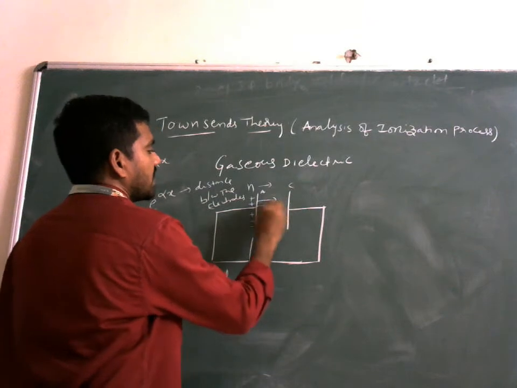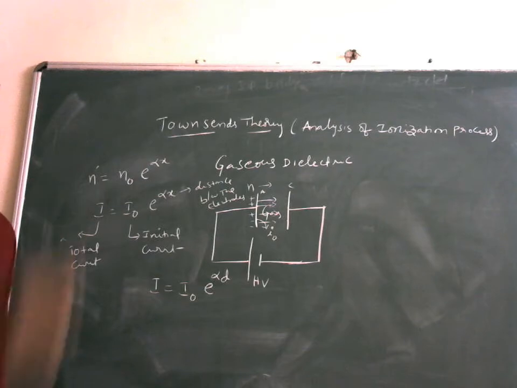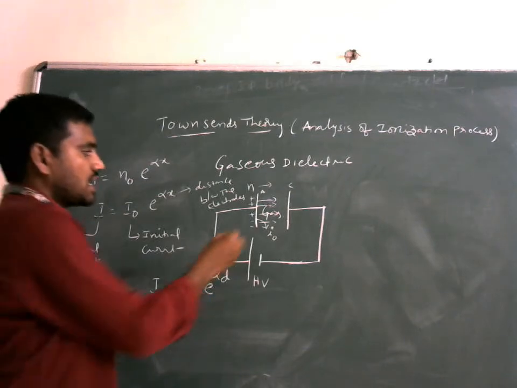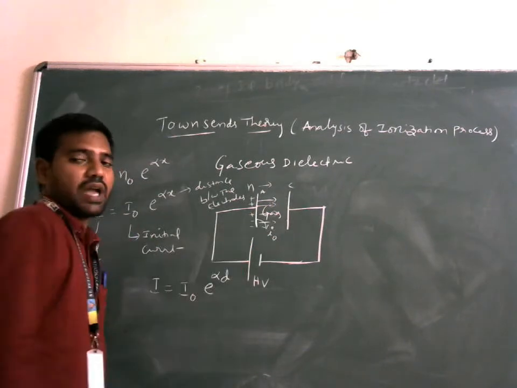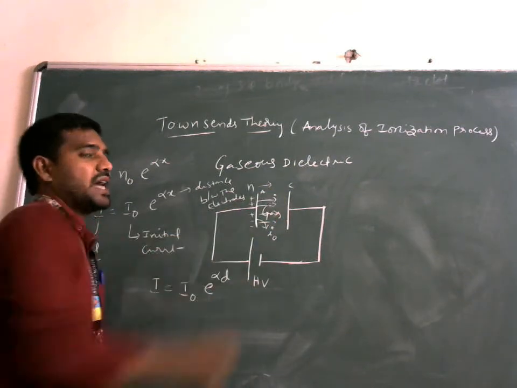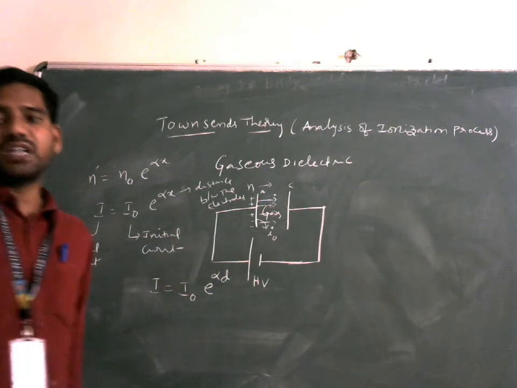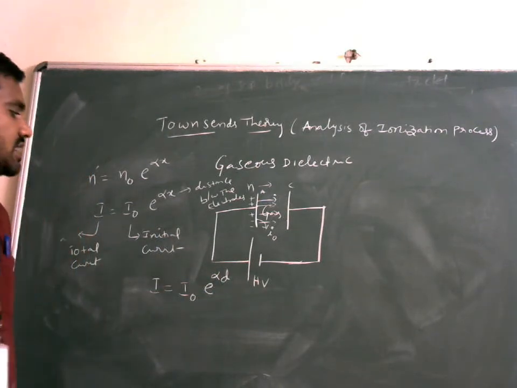As these electrons move, they collide with atoms of the gas, the atoms are bombarded, and new electrons form. That process we call the ionization process.